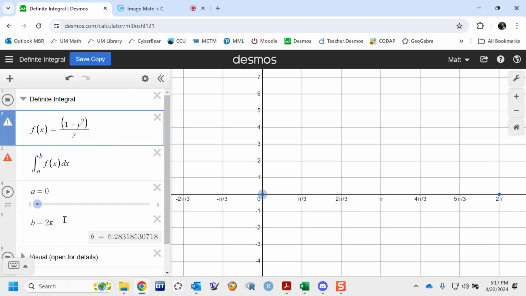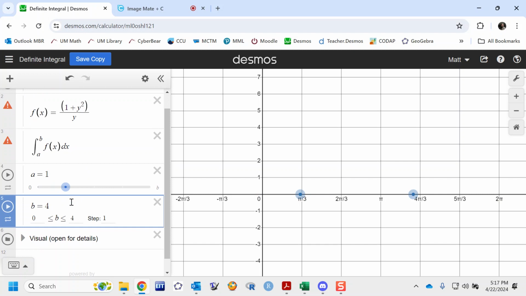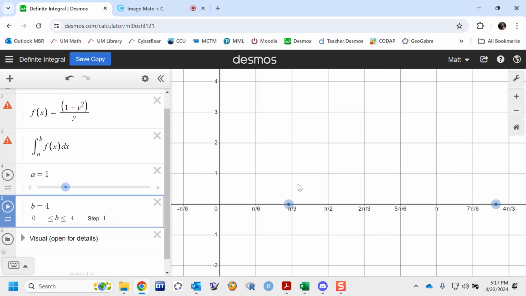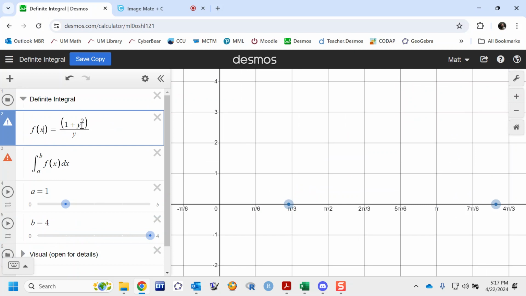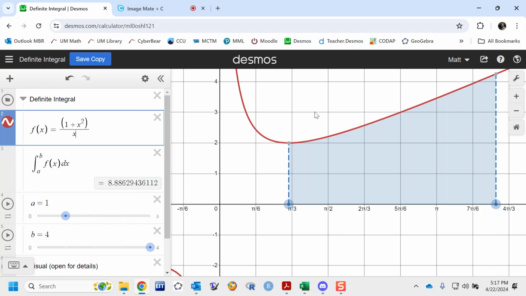And we're integrating from 1 to 4. Okay. And, oh, I see f of x and I have y here. Yeah, so let's just make the function in terms of x instead of y. There it is now. I see the function.